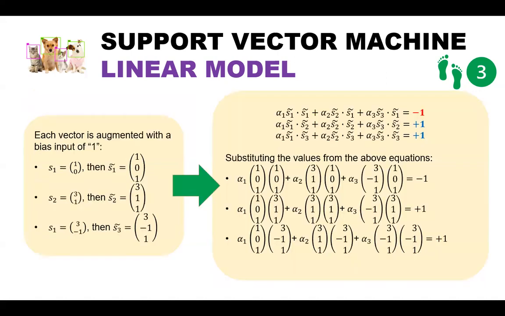So each support vector is augmented by a bias input of 1. You can find this bias on the third row of each vector. Therefore, the new variables for the augmented support vectors are now S1 curl, which is [1, 0, 1] in matrix form, S2 curl, which is [3, 1, 1], and then S3 curl is [3, -1, 1].